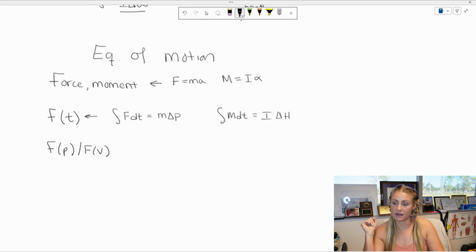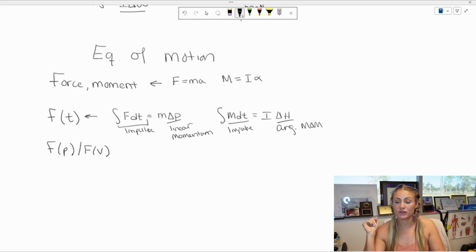So here again we have impulse. This is your linear impulse, this is your angular impulse, this is your linear momentum, and your angular momentum.